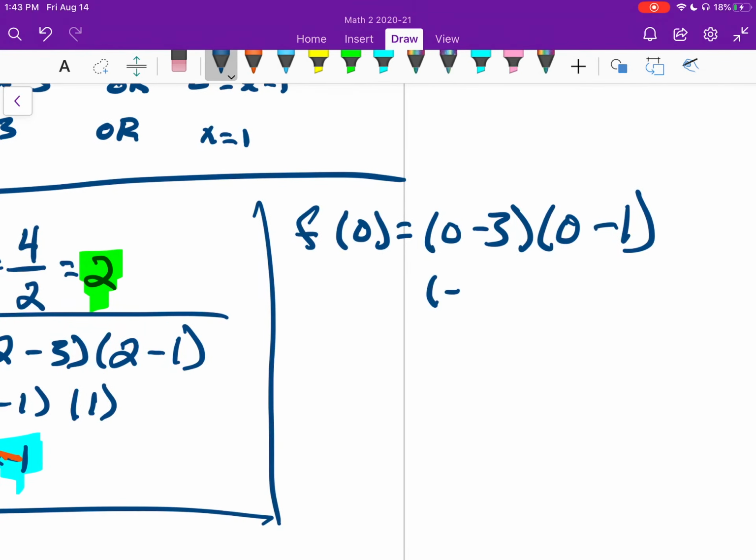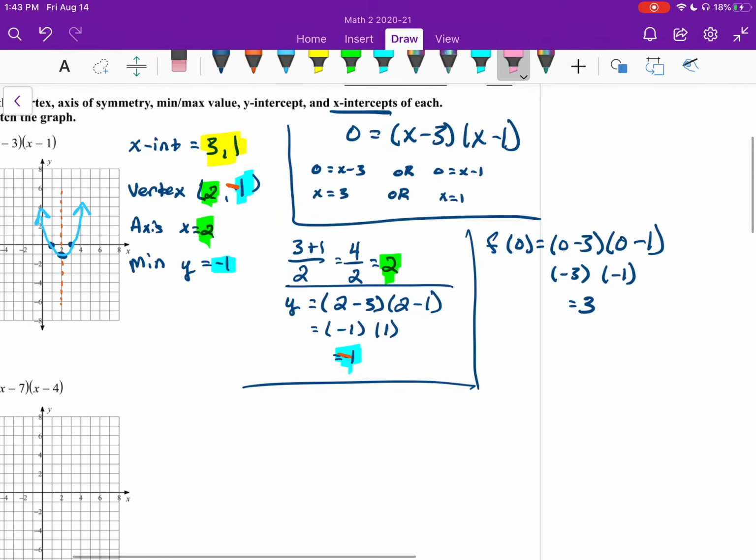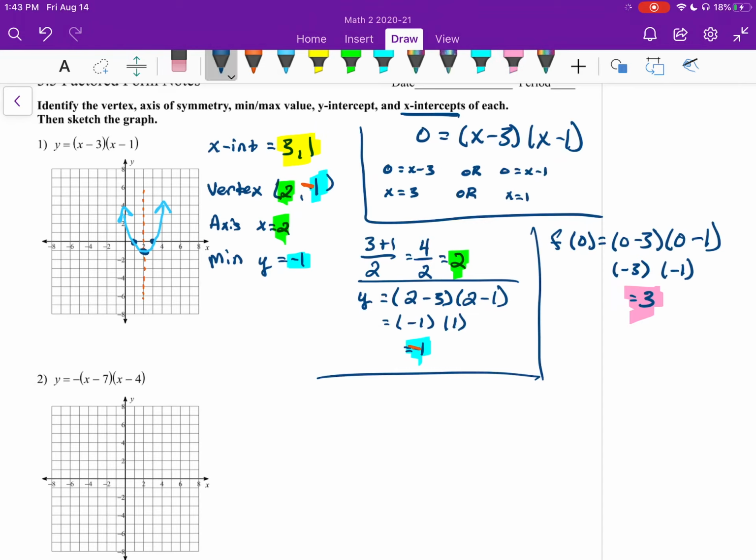So I've got -3, -1. -3 times -1 gives me a +3. See, I can do that math there. So this 3 tells me that my y-intercept is 3.